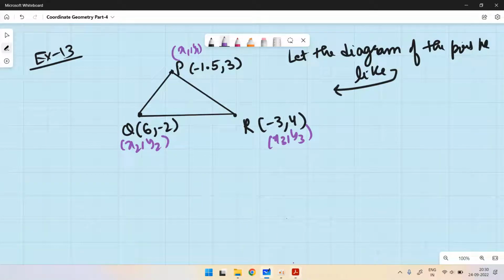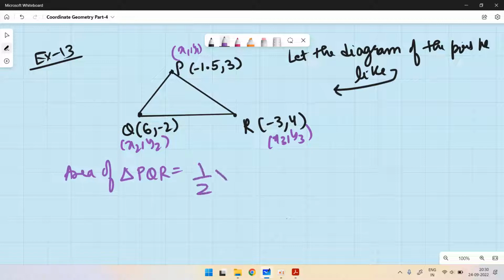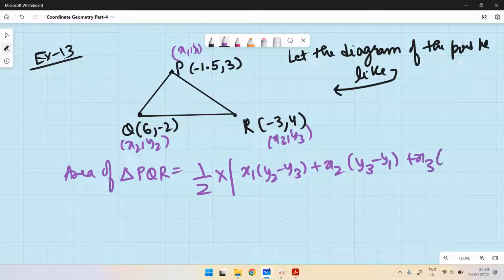So these are the points, and you know the area formula. The area of triangle PQR is given by half modulus of x1 (y2 minus y3) plus x2 (y3 minus y1) plus x3 (y1 minus y2).